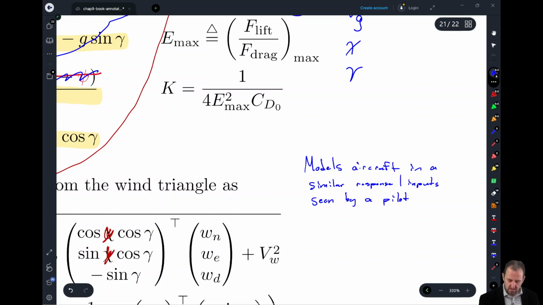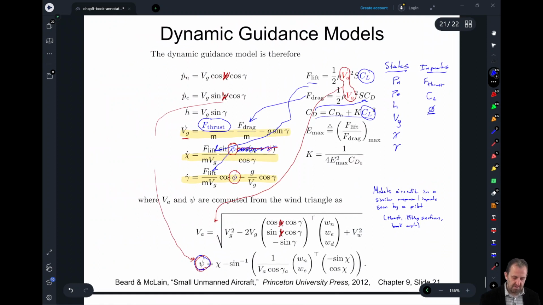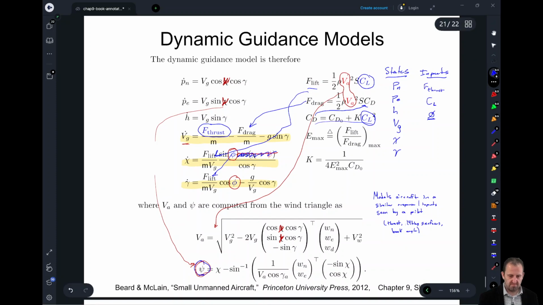I'm not a pilot, but speaking from the book, they can normally control the aircraft in terms of thrust, the lifting surfaces, and the bank angle. So apparently this dynamic guidance model is nice for that reason.